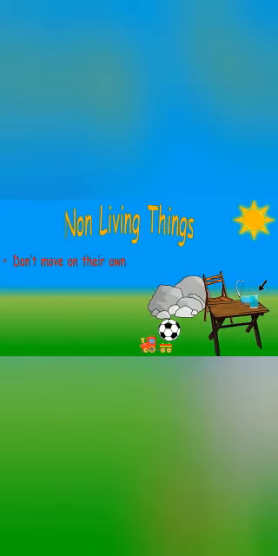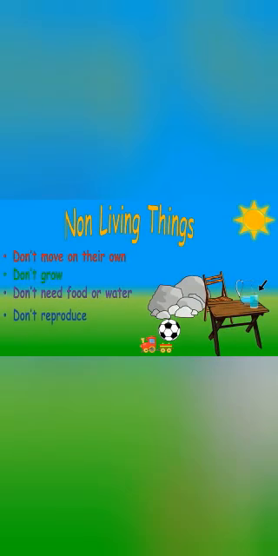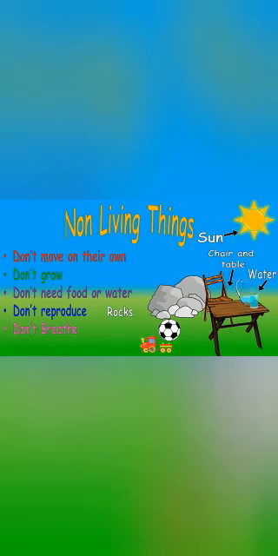Non-living things don't move on their own, don't grow, don't eat food or water, don't reproduce, and don't breathe. For example, the sun, this chair and table, water, rocks, or toys.